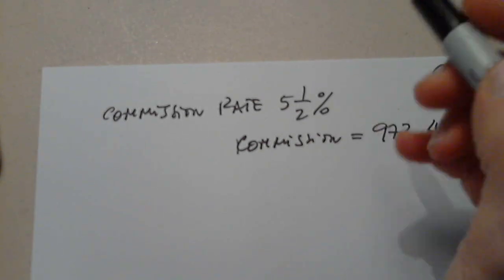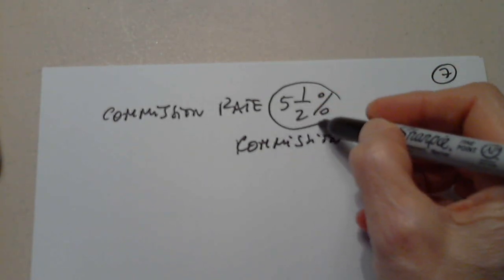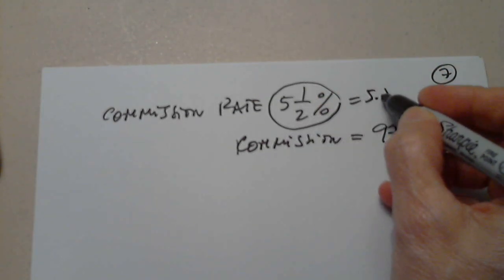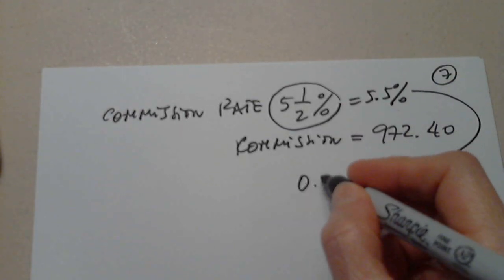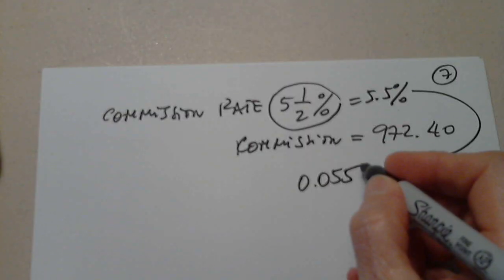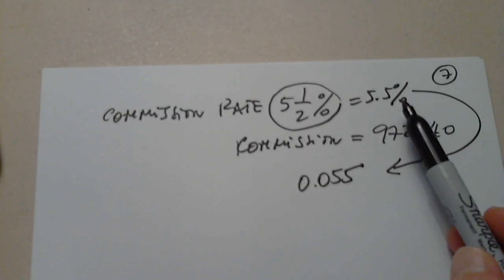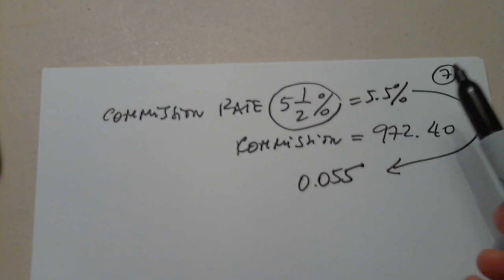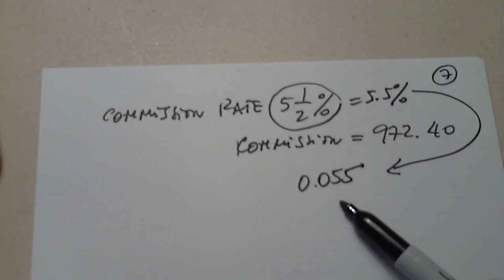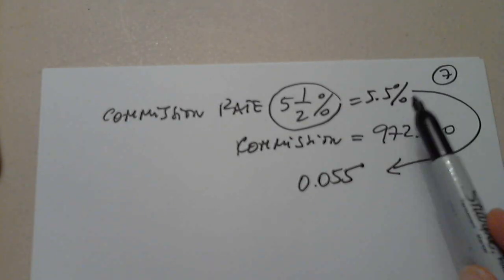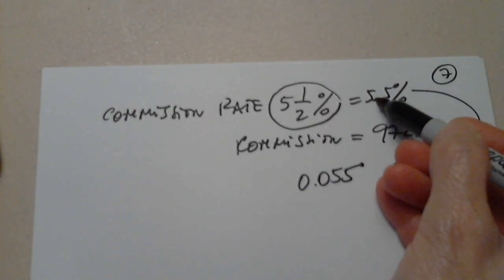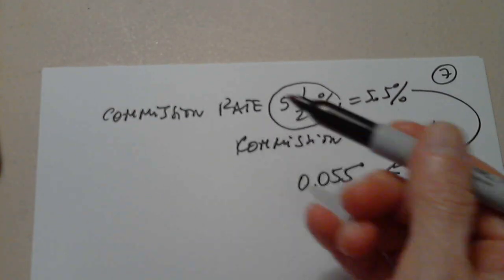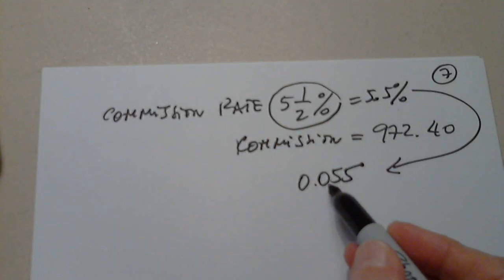So first of all, I want to explain, when you see something like this, change it into 5.5%, but you still have to change it into 0.055 because you have to divide by 100. To change percent into a decimal number, you must divide 5.5 by 100. Division by 100 moves a decimal point 2 spots to the left.